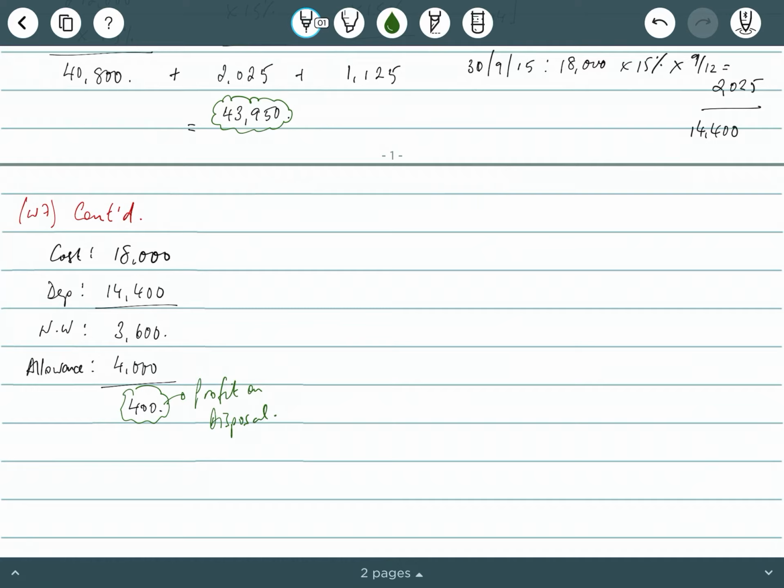Now let's move on to the next working. The next working then is the balance sheet working for our plant and machinery.